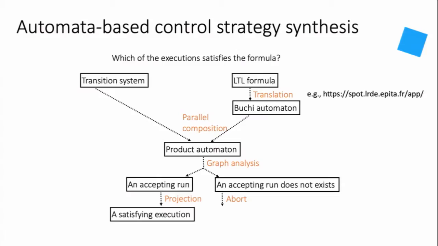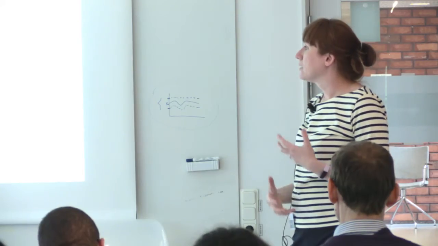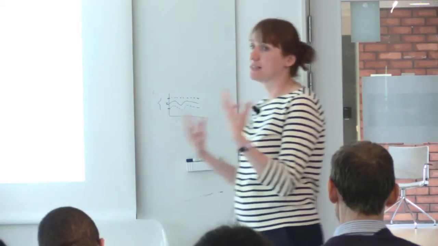This is a peek into the blue box. What's really inside, in automata-based control strategy synthesis, is some kind of translation to an automaton. There is going to be some manipulation of the transition system. And the automaton just creates this big transition system that has states and transitions, very discrete.